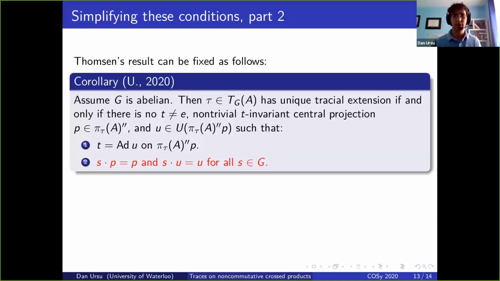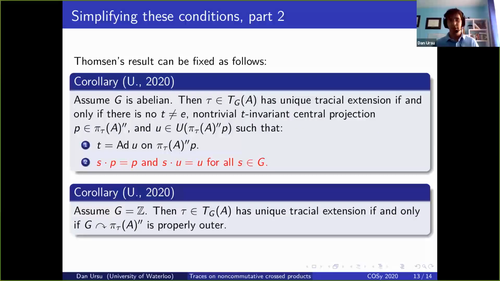But you also have to add the condition that both this projection and the unitary are actually invariant with respect to all elements of your group, not just T. And as it turns out, in a case that a lot of people care about, which is the case where G is the integers, Thomsen's original result is still actually true. So a G-invariant trace tau on A has a unique tracial extension if and only if the action of Z on the double commutant is properly outer.